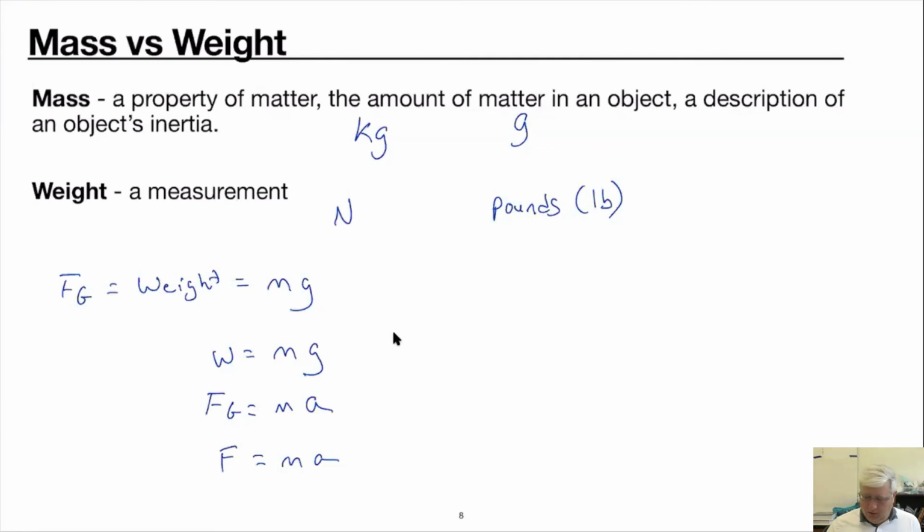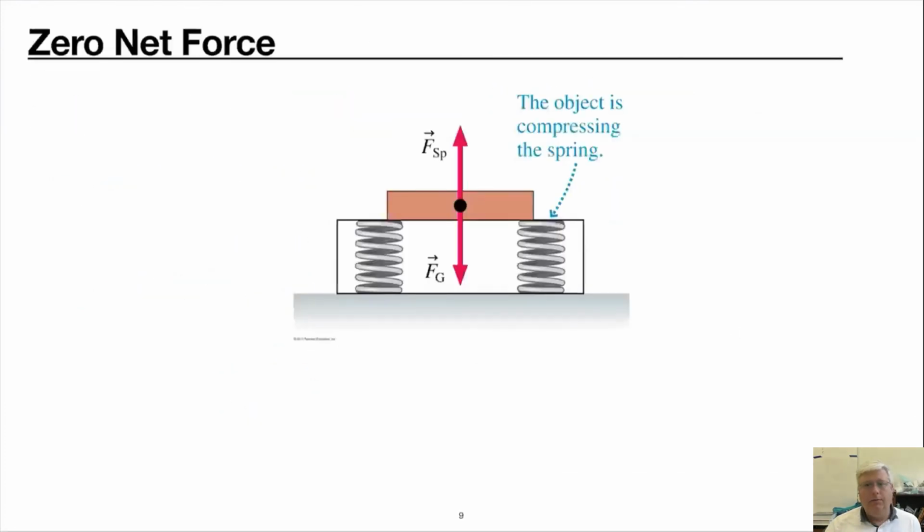Okay, so in a bathroom scale, traditionally there are some springs that get compressed, and when you step on the scale, gravity's pulling you downward, and the springs are trying to push you upward. We get this normal force happening.